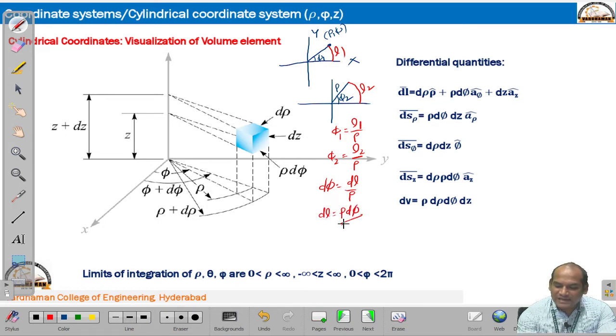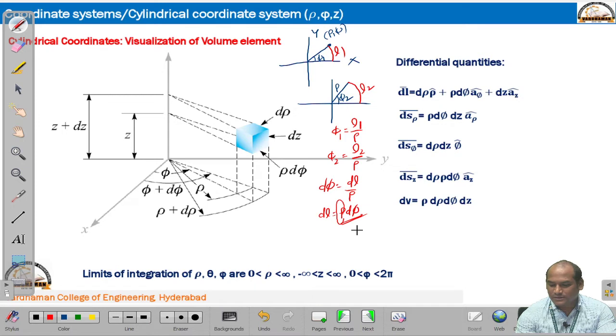Whenever you are dealing with the angle difference, the difference in length is nothing but rho d phi. That means we are getting an extra scaling factor. But in the case of x, if you change x, dl is dx ax only; if you change y, dl is dy ay only; if you change in the z direction, dl is dz az only.